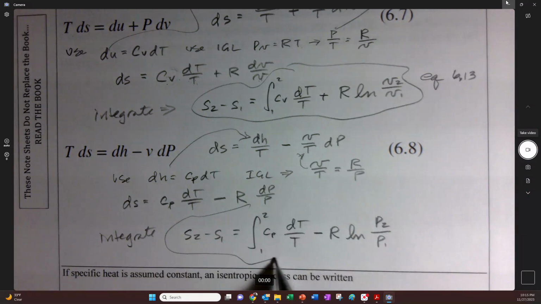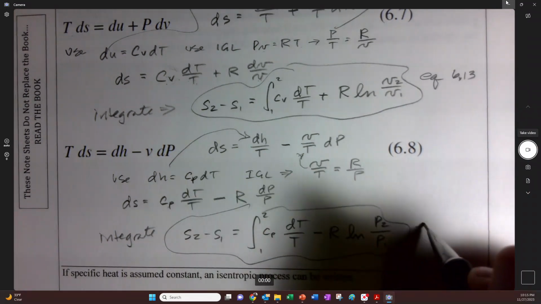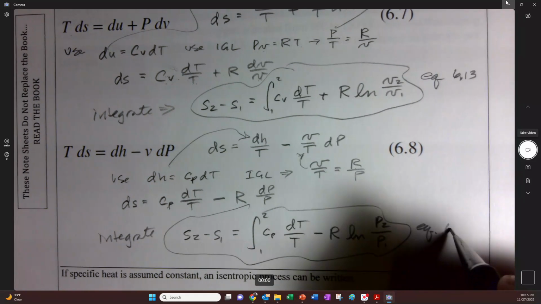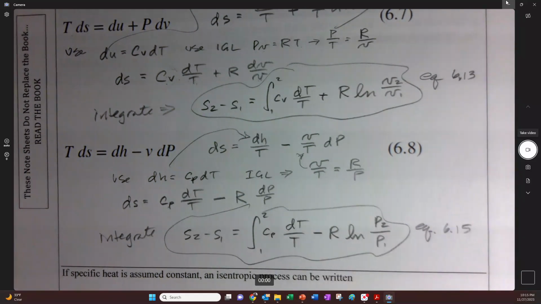Once again, that is an equation that we would find, equation 6.15.